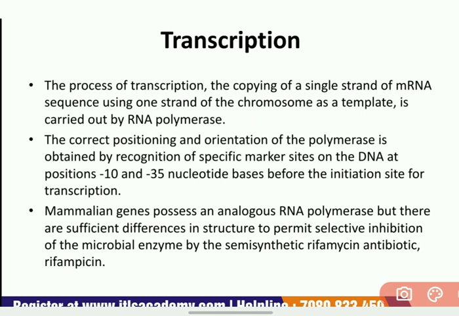Another small protein, the sigma factor, joins the core enzyme which binds to the promoter region of the DNA preceding the gene which is to be transcribed.